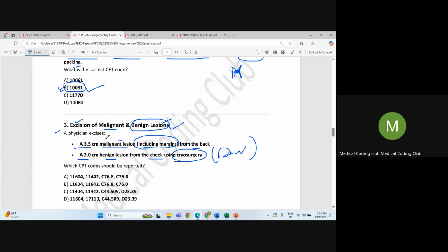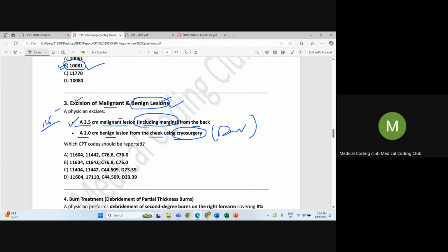Now first we will code for the 3.5 centimeter malignant lesion. The malignant lesion code range starts from 116, excision of malignant. In this 114 series we don't need it. Remaining option A, 11606. So easy.